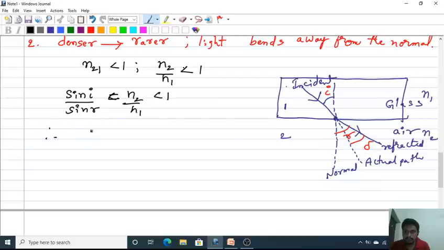Therefore i is less than r. So the angle of incidence is less than the angle of refraction. You can easily see this from the figure.